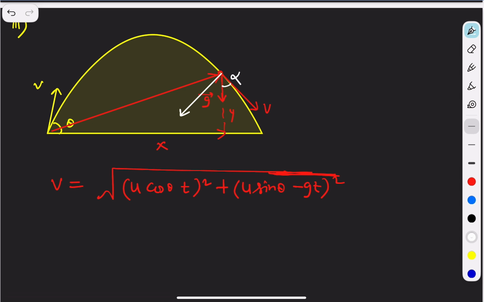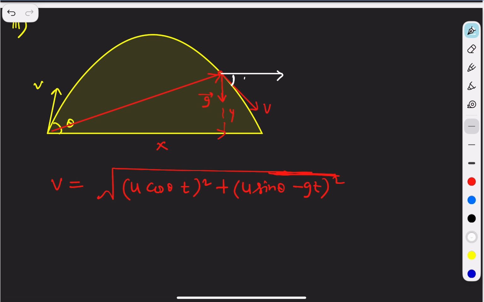So this will be, we can say, one minute. How do we do this guys? Let's do it this way. Suppose this angle is alpha.